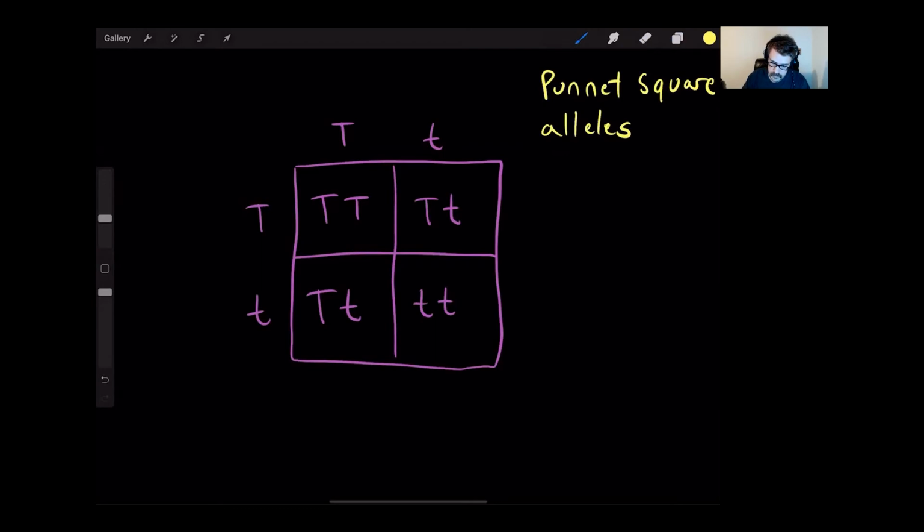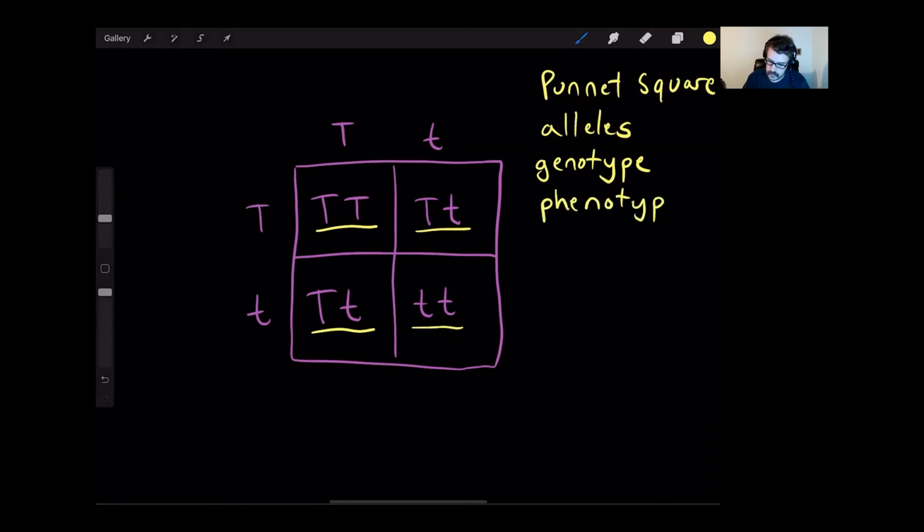Then the actual genes that you get, the genetic representation, is called a genotype, and that's the genes that make up the final result of the offspring. But that's different than the actual physical traits, which is called the phenotype.